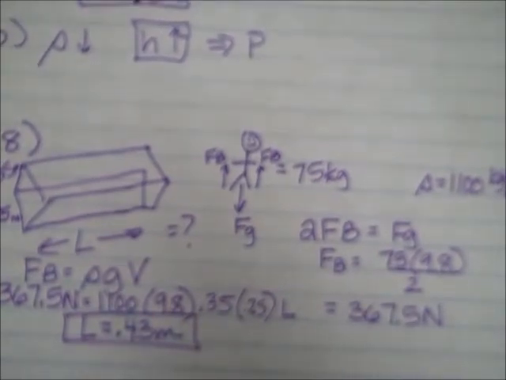Next, I'm going to look at chapter 15, problem 49. And in number 49, we're talking about plaque building up in the arteries.